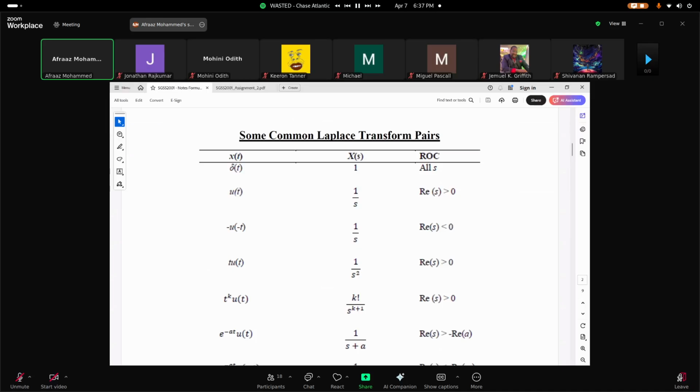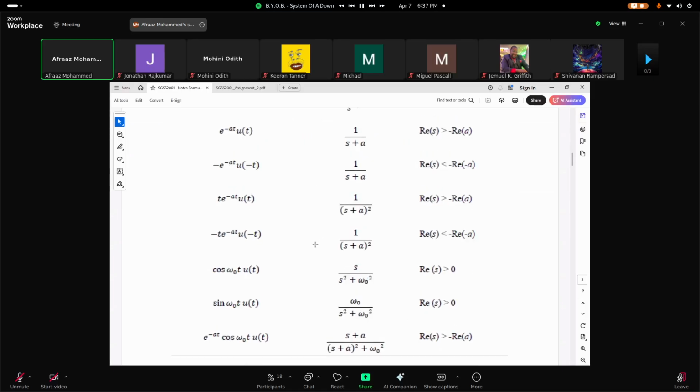For example, u of t in the time domain gives you 1 over s in the Laplace domain, which is one we generally use. Another one we've seen quite a bit is 1 over s plus a, which gives you the form e to the minus at u of t. So this is the first table of the Laplace transform pairs.